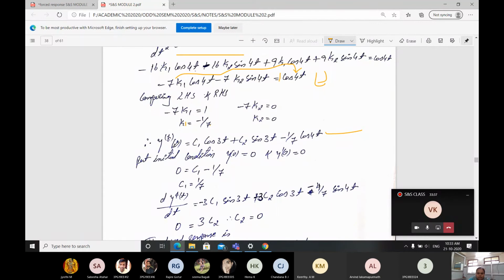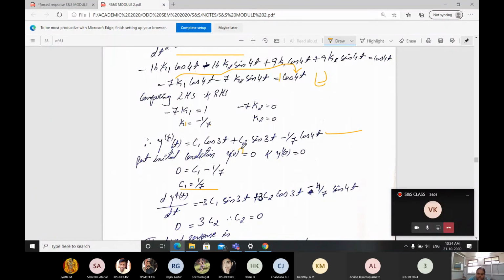When t equals 0, cos 0 is 1, so you get c1, and y(0) is 0. Sin 0 is 0, and minus 1 by 7 times cos 0, which is 1. So what is left is c1 minus 1 by 7, and from this we get c1.